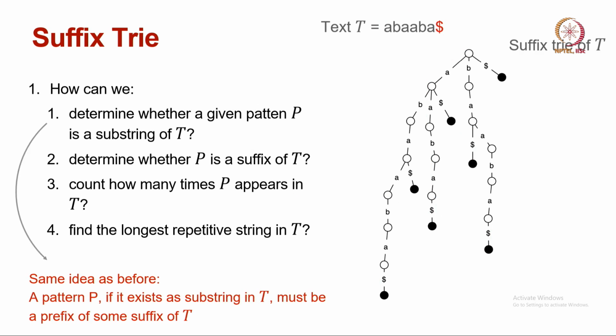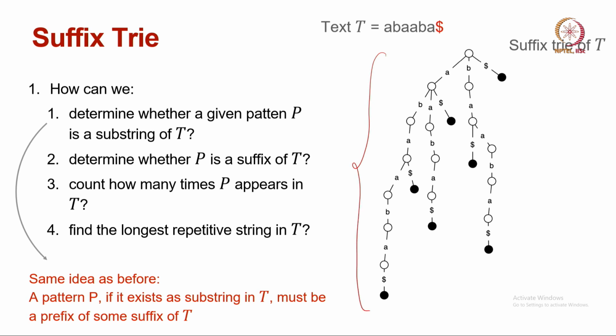Now, the reason for studying the suffix trie data structure is that it solves many queries, like the exact pattern matching problem, very trivially. For example, suppose I want to know whether a given pattern P occurs as a substring of text T, and I have already built the suffix trie of text T. So, I have this data structure with me.